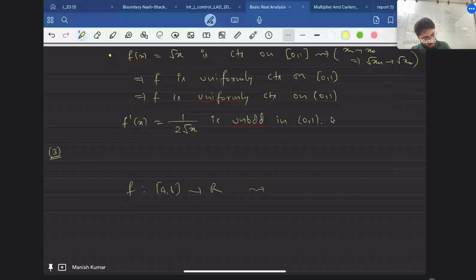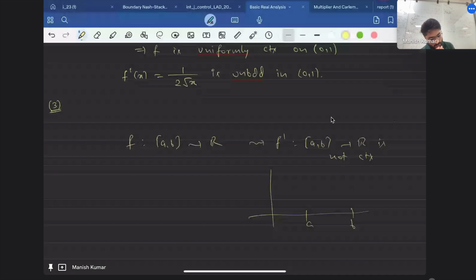So maybe what you can think is, let me think. You want to find a function which is differentiable but the derivative is not bounded on a compact domain. So what could be the example?